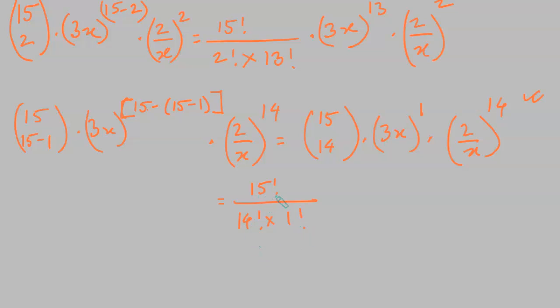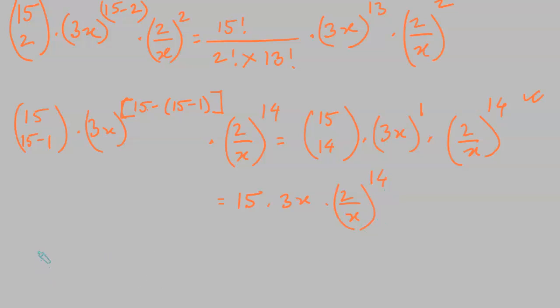And 15 factorial is 15 times 14 factorial. So 14 factorial of the numerator and the 14 factorial of the denominator will be getting cancelled. So you will be having only 15. Okay, that is what I had wanted to show you. This 15C14 will be equal to 15, times 3x times 2 over x to the power of 14.